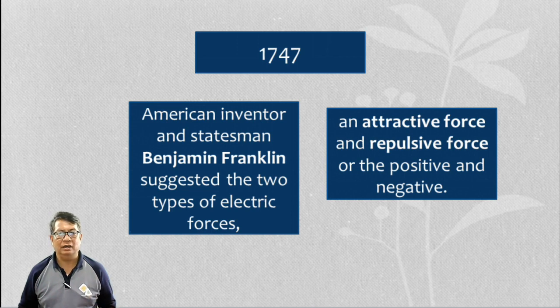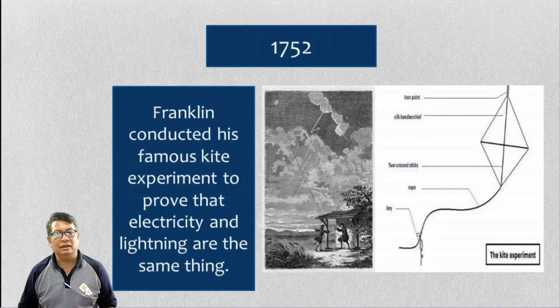When there is an attraction between two charged materials, it will produce an attractive force. And of course, if they repel each other, then we have what we call the repulsive force. It is from the positive and negative charges, which we will discuss later.